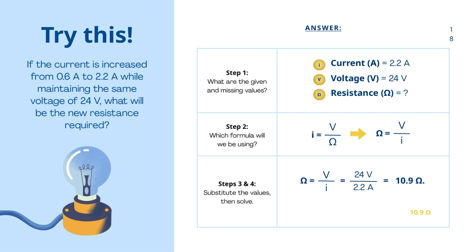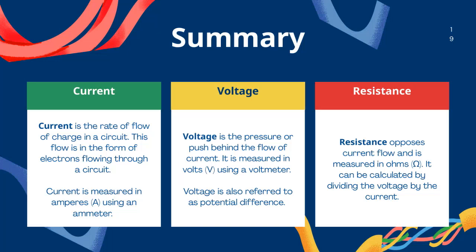Finally, we solve, and that gives us the new resistance needed to achieve this higher current while keeping the voltage constant. Remember, adjusting resistance like this affects how much current flows through the circuit, which is crucial for designing safe and efficient electrical systems. Let's wrap up with some key concepts about resistance, voltage, and current.